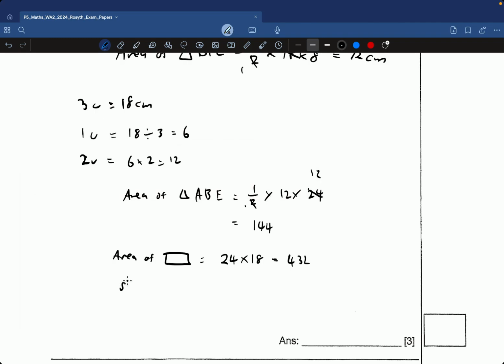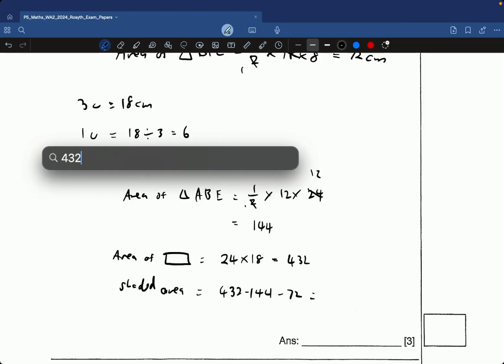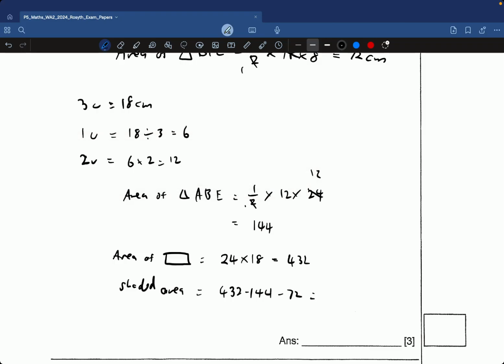So shaded area is equal to 432 minus 144 minus 72, and this will give us 216 centimeters square. So this is 216 centimeters square.